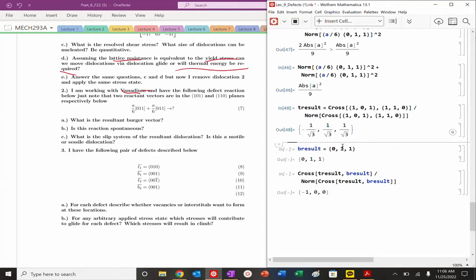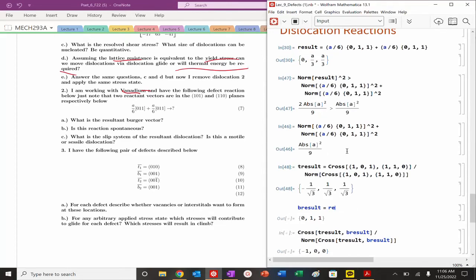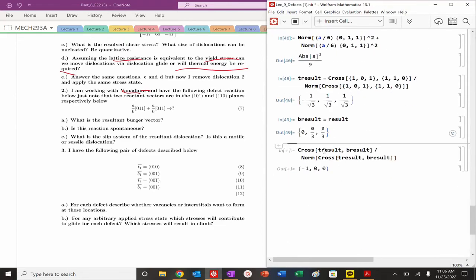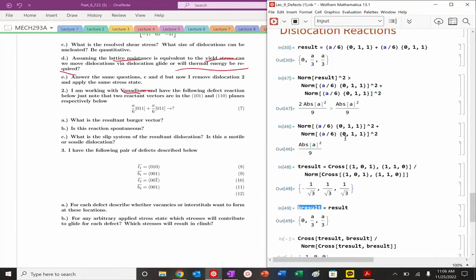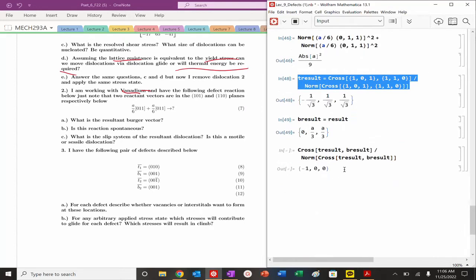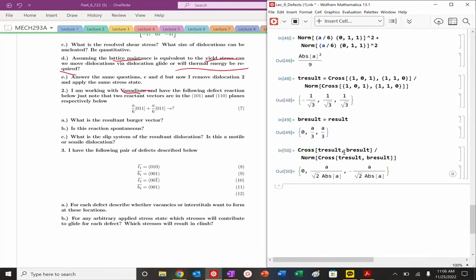And we know our B result is equal to, let's just call it result. And let's cross. Again, I want to figure out now the plane. So this is my resultant Burgers vector and my tangent vector here. We know our equation to get the normal to the plane once we have a tangent and Burgers vector. Let's see what we got. And if we factor these out, what do we have?